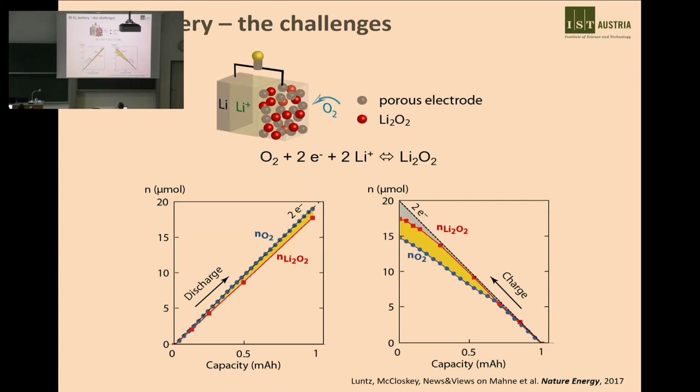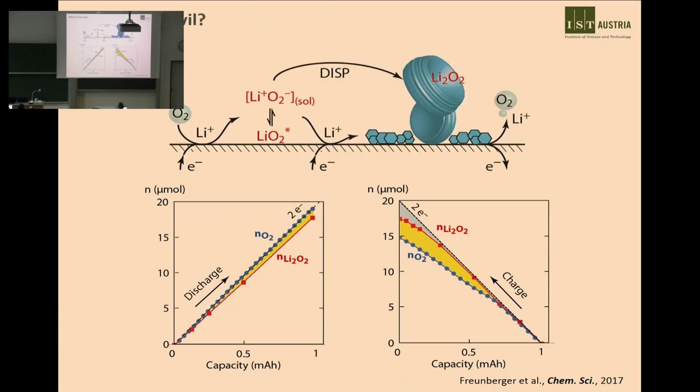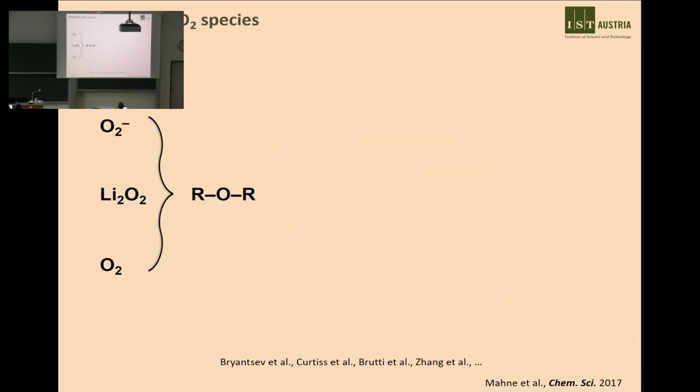So the red curve here is how much peroxide is consumed, so that means also electrons, so this is not on the ideal line, so all electrons are consumed into non-ideal reactions, and again there's less oxygen coming out than expected. And so people thought it's some intermediate in the reaction mechanism, which could be superoxide, which is a strong base, a nucleophile, and this was always the common understanding that this is the reason for it.